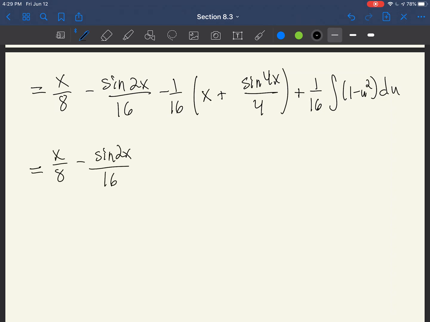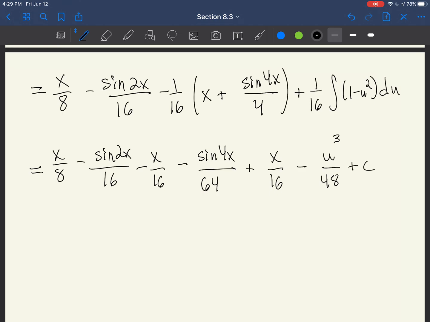So this is x over 8 minus sine of 2x over 16 minus x over 16 minus sine of 4x over 16 times 4 is 64 plus x over 16 from integrating the 1 minus u cubed over 48 plus c.